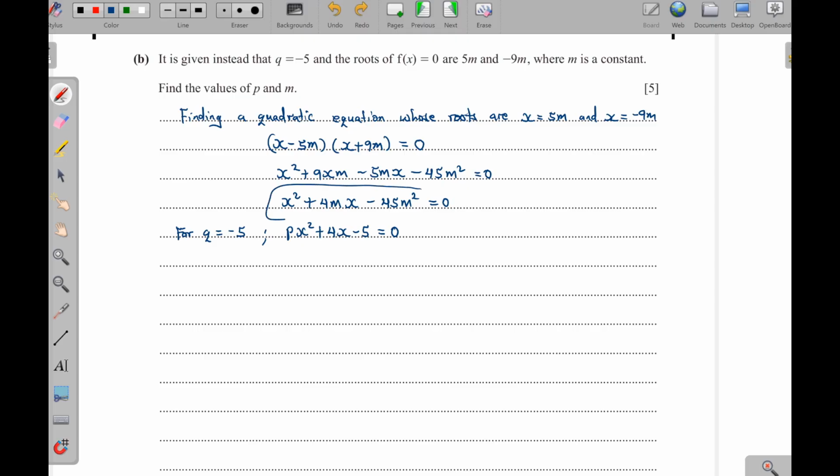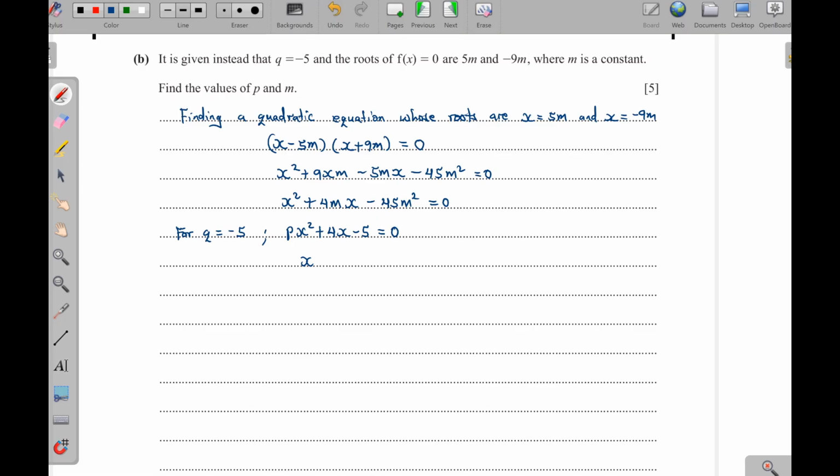This is the quadratic equation for these two roots, and these two roots are coming from this quadratic equation when q is negative 5. So we are going to divide all through by p.